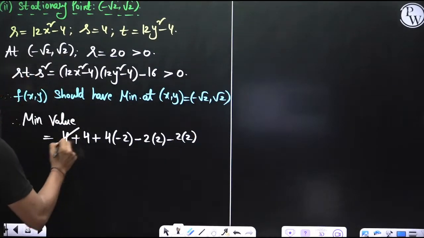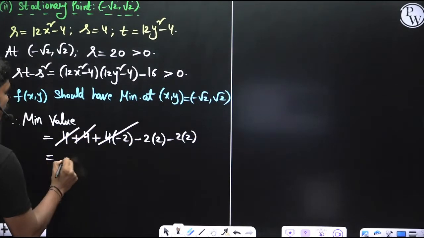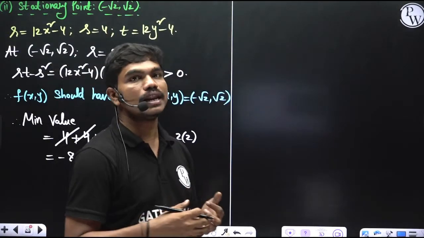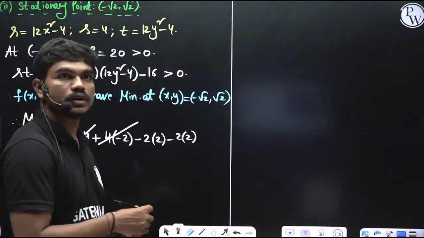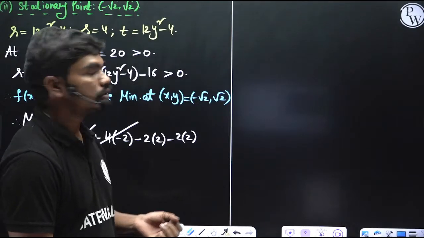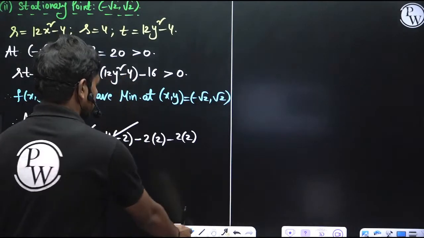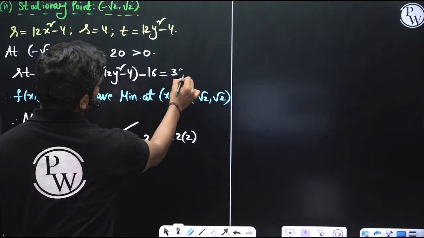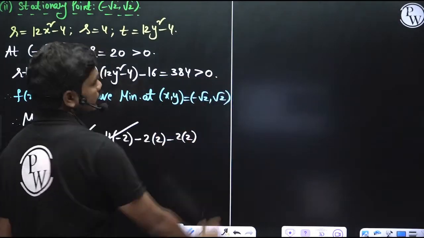So if you simplify, 4 minus 8 gets cancelled, you have minus 8. And this value is 384, the same thing, and it is positive.